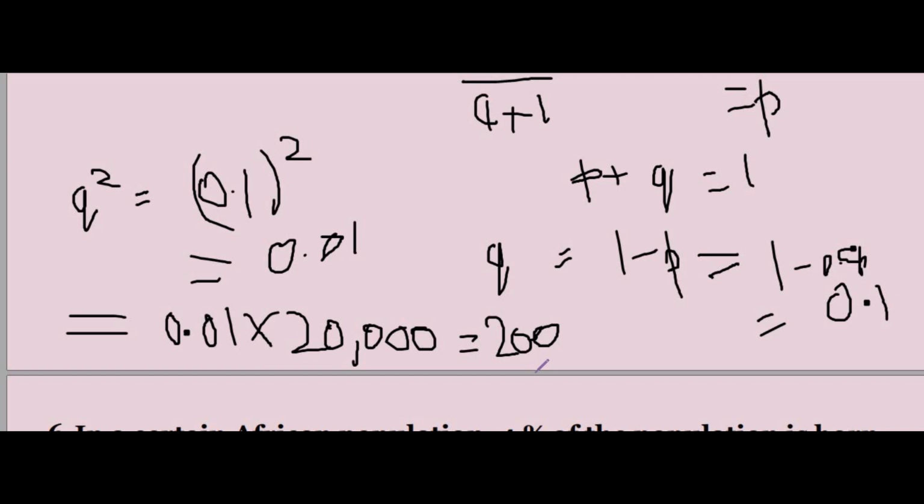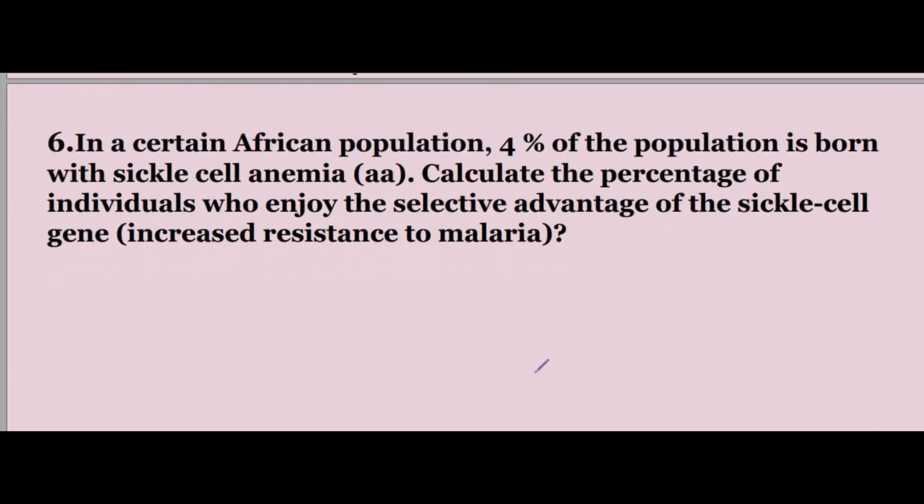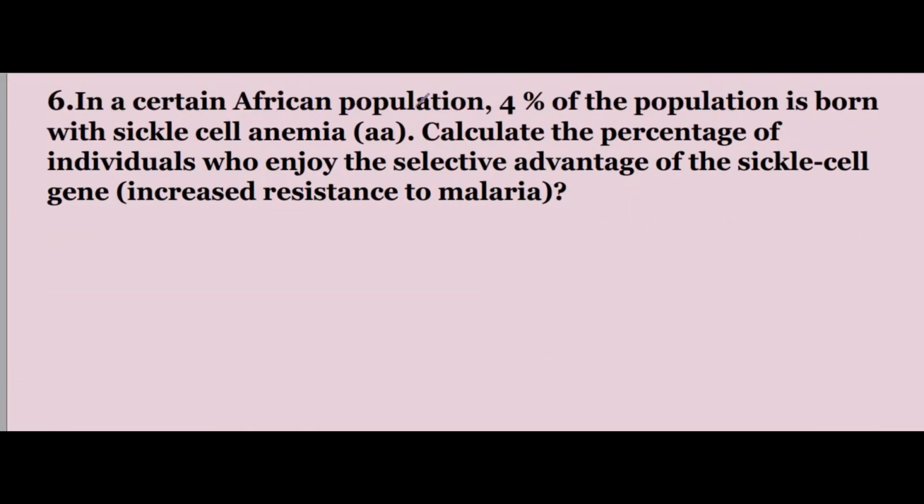Okay, now let us move to the next question. The next question is, in a certain African population, 4% of the population is born with sickle cell anemia, small a, and we have to calculate the percentage of individuals who enjoy the selective advantage for the sickle cell gene, increased resistance to malaria. So first of all, it is given that 4% is born with small a.